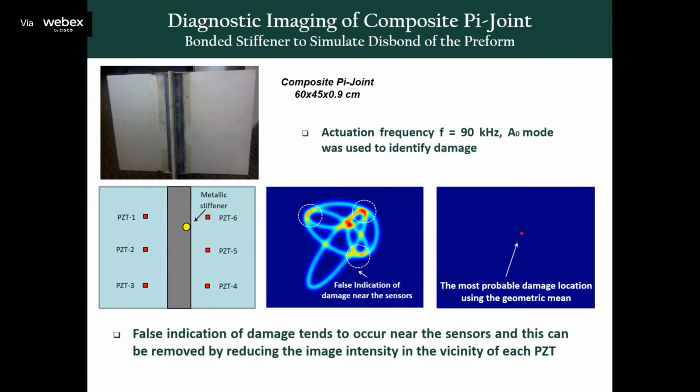This can also be applied for complex geometries, and the complex geometry here is the pine joint. This is actually a widely used joint as a stiffener for the structure.